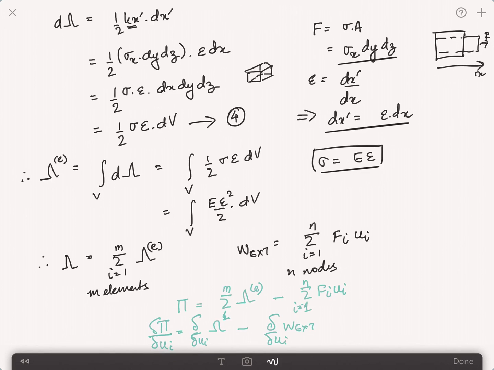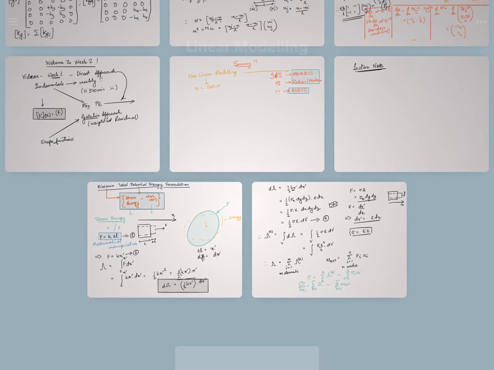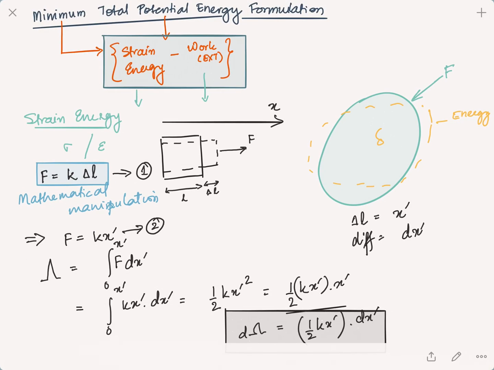So this is the framework that I wanted to provide you for the minimum potential energy of the system, how to formulate the components that are present in it. Starting with the strain energy in the system, the work done externally, how the strain energy comes about, how we put it together to form the total potential energy, and minimizing it so that we can find a state of displacement in which the system is stable, and hence with this equilibrium we can form the finite element equations.